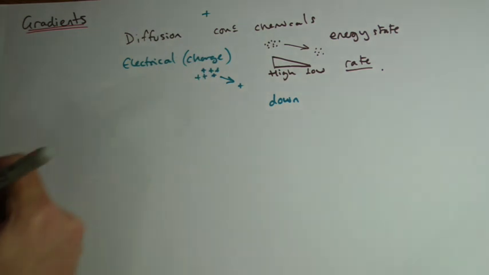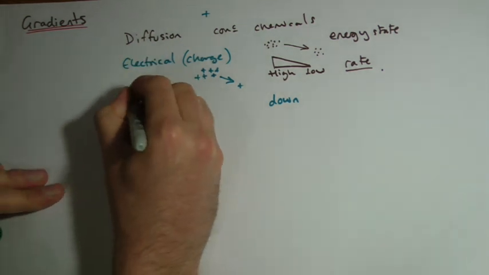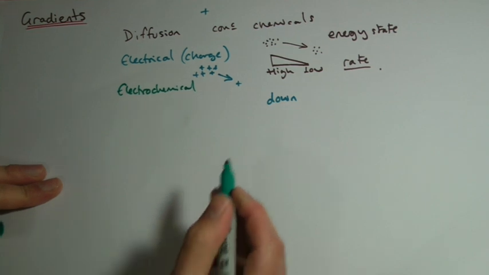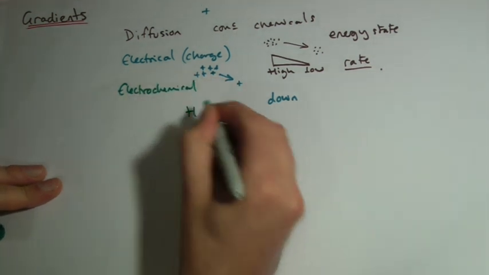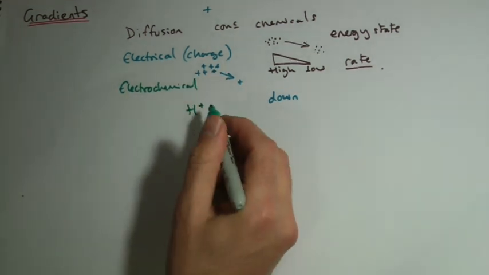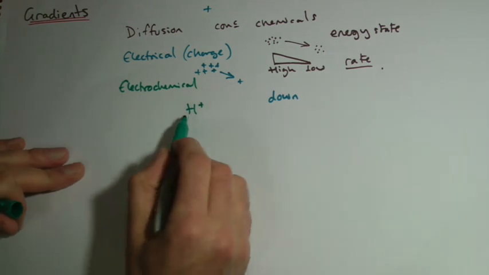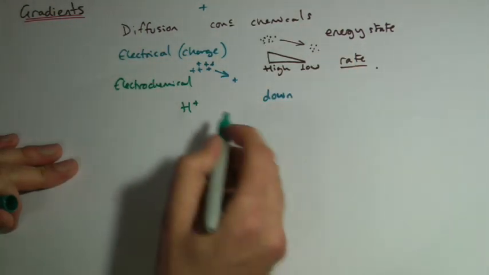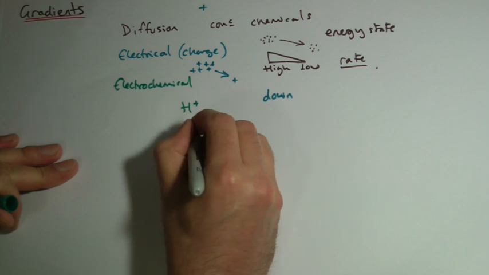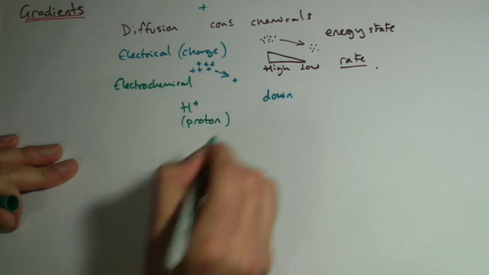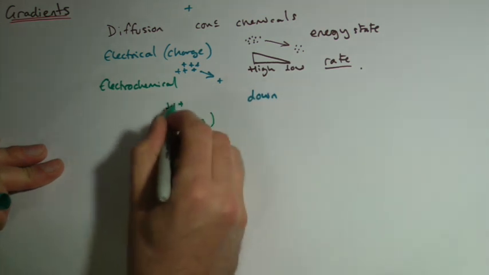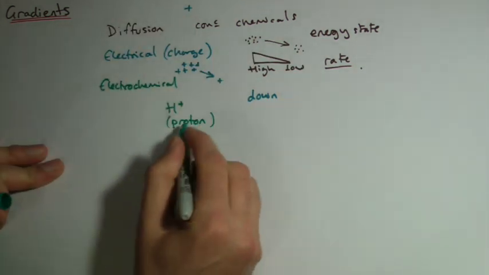You can have, let's have green just because, an electrochemical gradient. And these are really important in living systems. An example of that would be hydrogen ions, which you may or may not, depending on where you are in your A levels, have come across a lot yet. A hydrogen atom that has lost an electron is a hydrogen ion, also known as a proton, because it literally consists of one proton and no electrons.